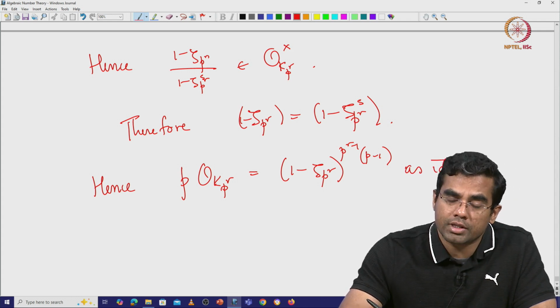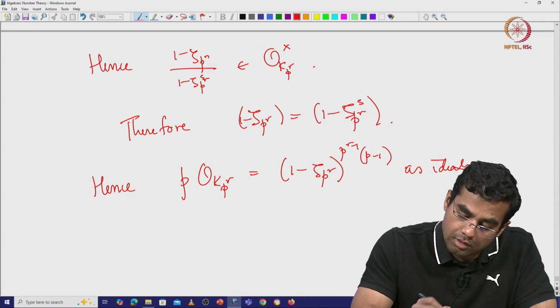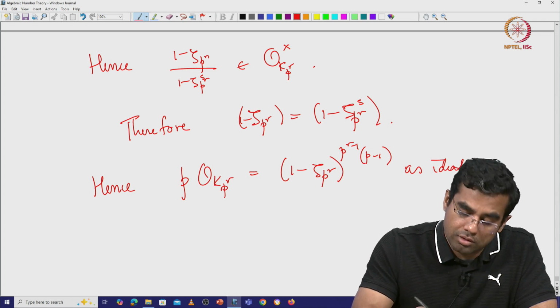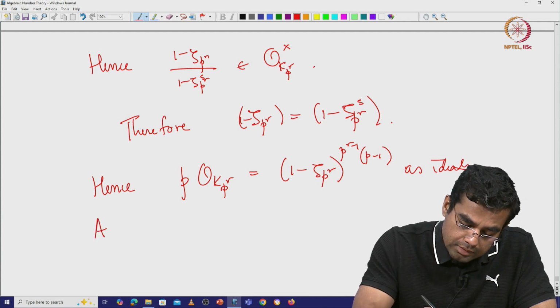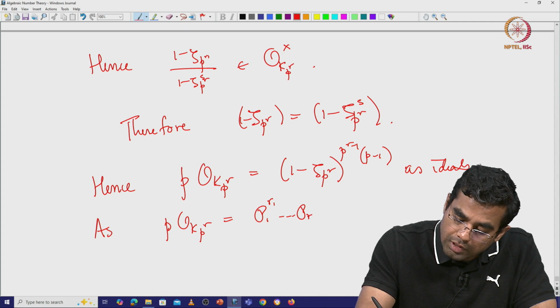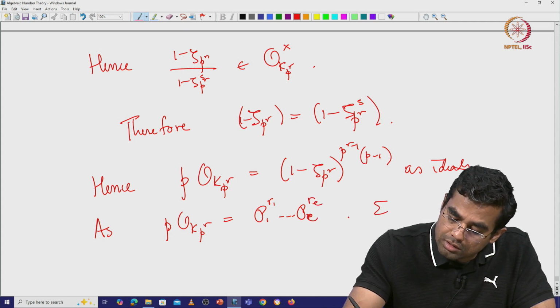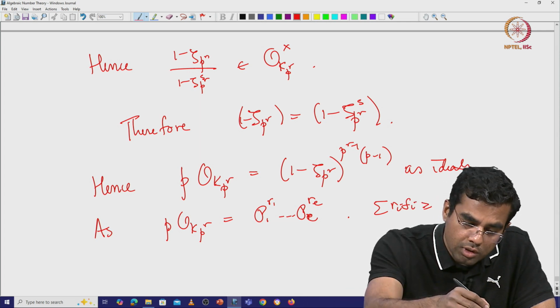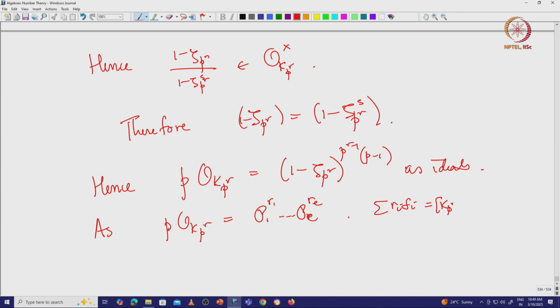Now, I do not know whether this is a prime ideal or not. Even without knowing this, we get, as p O_{K_{p^r}} is some p_1 to the r_1 and so on up to p_e to the r_e, with the sum of r_i f_i greater than or equal to the degree of K_{p^r} over Q, that the degree of K_{p^r} over Q is bigger than or equal to p^{r-1}(p-1).